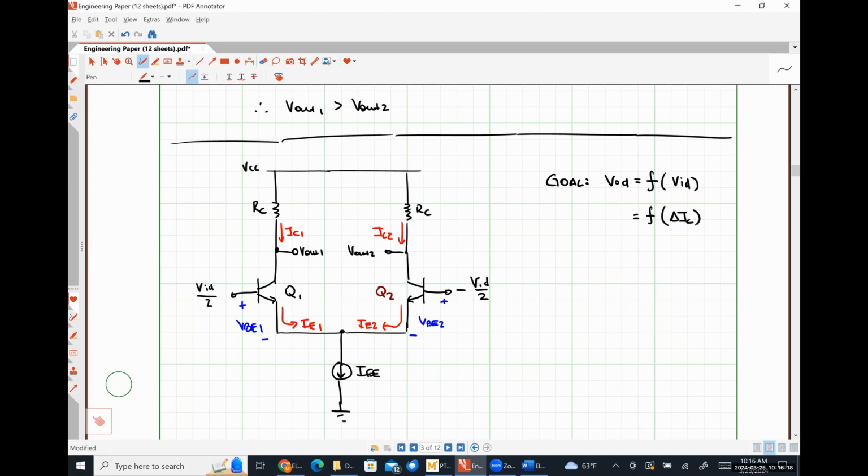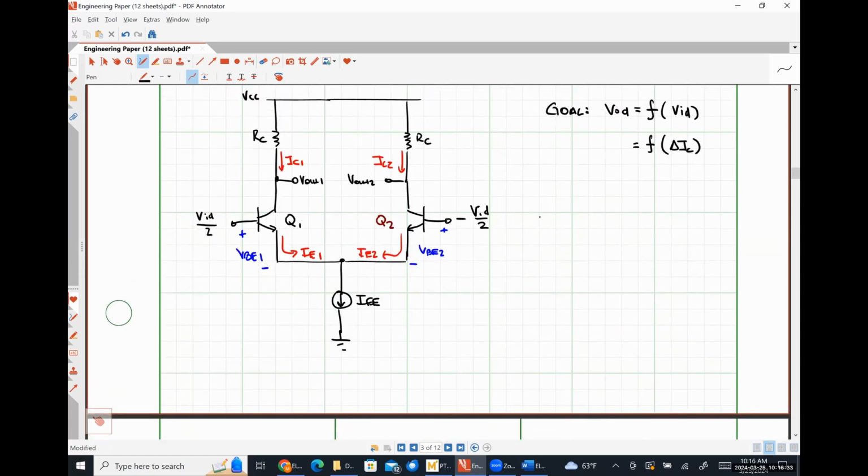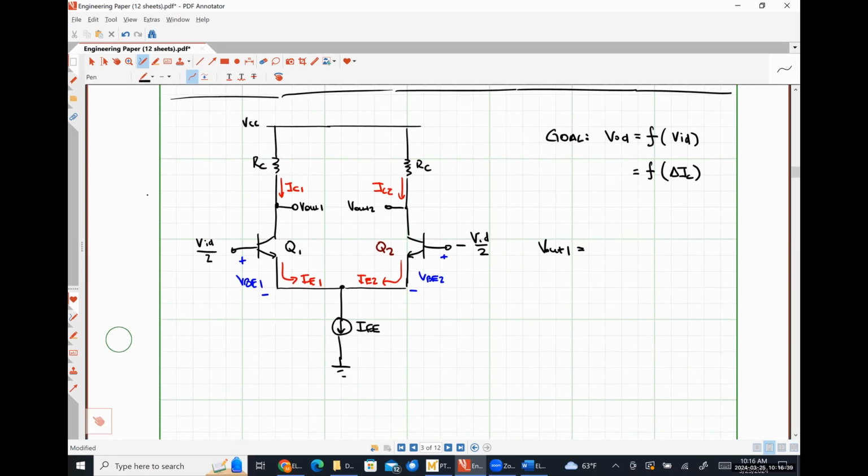Okay. So let's define V out 1 formally here, okay? So as a DC signal, what should V out 1 be?